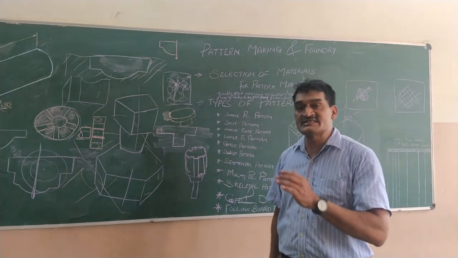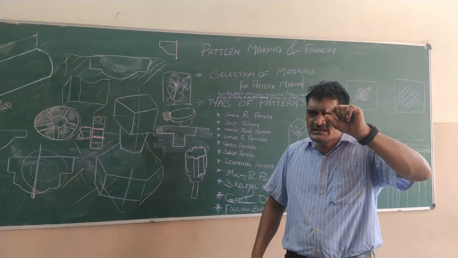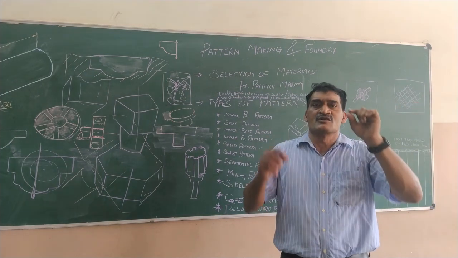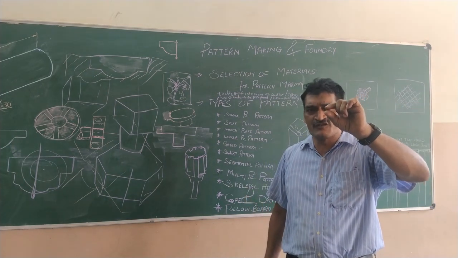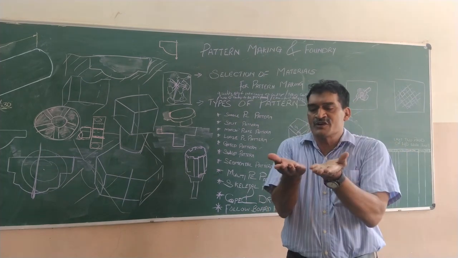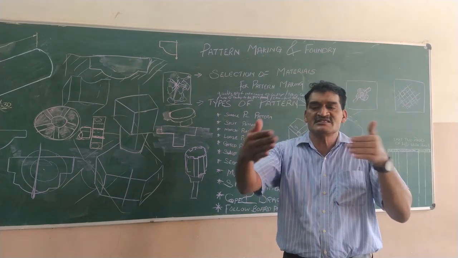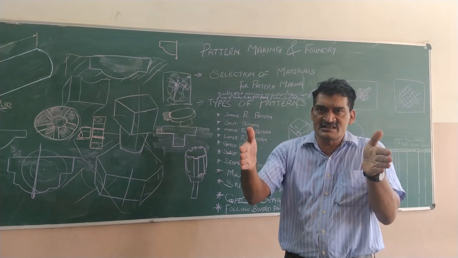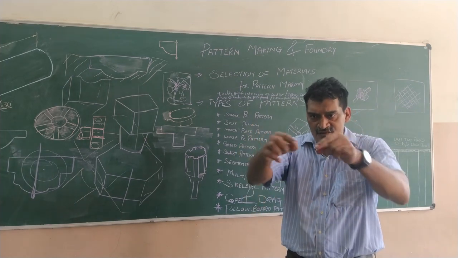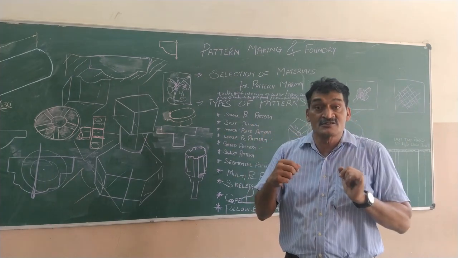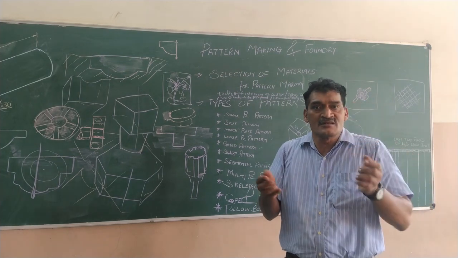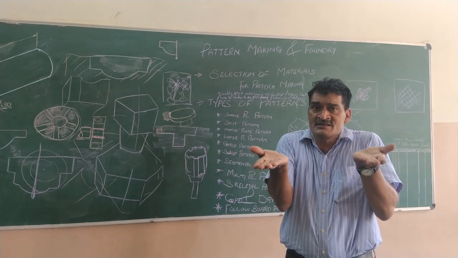Camber allowance, let's say we have a thin sheet of roughly around 3 millimeters or 4 millimeters thick. We want a plate of 12 inches by 12 inches, that is 30 centimeters by 30 centimeters. We want the plate to be made. So now, since the thickness is small, what will happen?